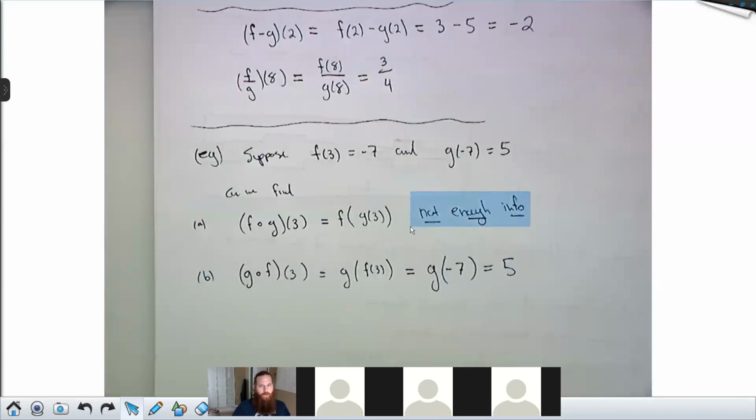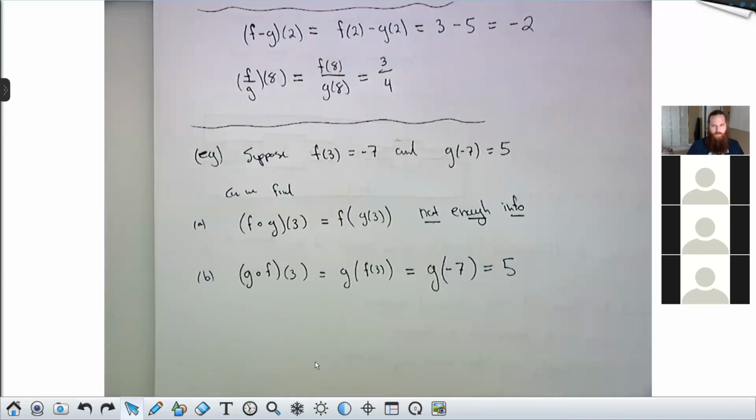Everybody's good with why we don't have enough info for this one and why this one is 5? Let me make sure I'm not missing anything in the chat here.